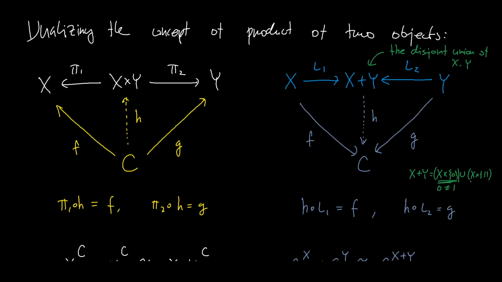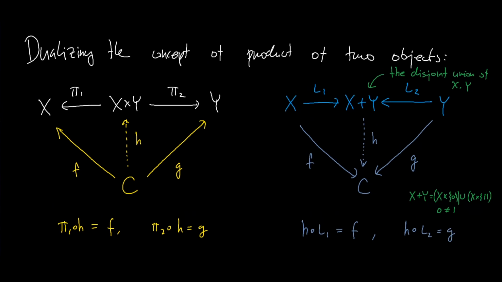You ensure that these two sets no longer have common elements because of the second coordinates being different. So this is quite a fascinating fact that the dual of the product turns out to be the sum.